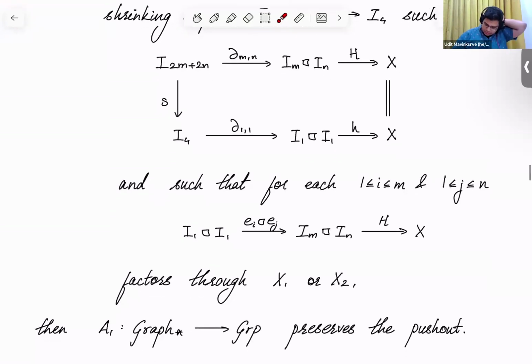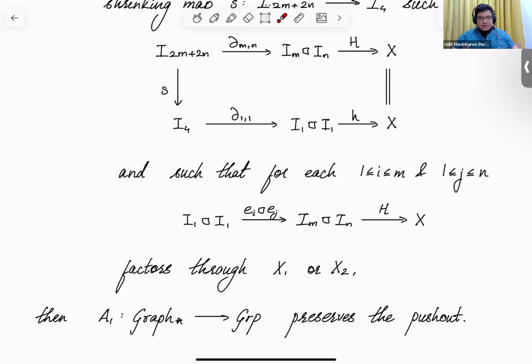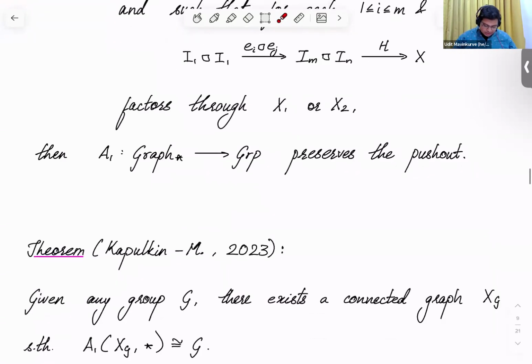Van Kampen was the first instance where we saw it very explicitly, but we saw it again when we were trying to describe lifting properties. Just as for Kan complexes, you might have a lifting property, you want similar notions for describing fibrations of graphs. So that's why I'm talking about this.